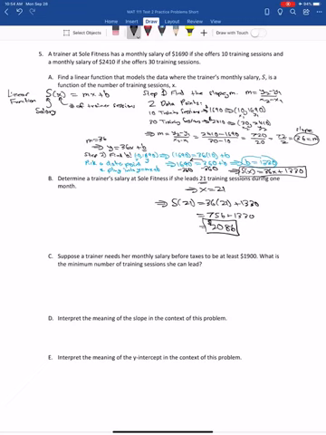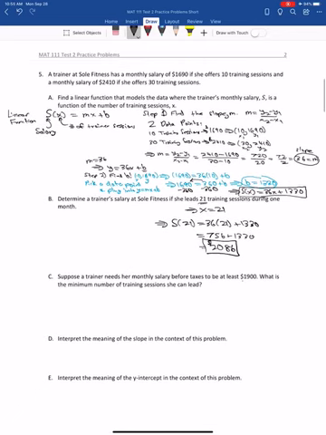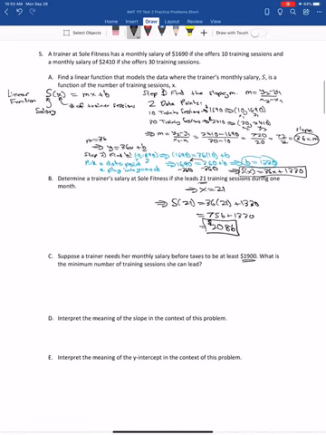So suppose the trainer needs her monthly salary before taxes to be at least $1,900. What is the minimum number of training sessions she can lead for that to happen? So what's our equation here? We're wanting to find out when our salary equals 1,900.